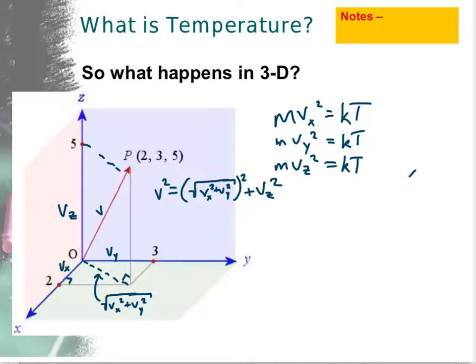Well, let's square the square root, and we end up with this result. v squared equals vx squared plus vy squared plus vz squared. So this actually is the Pythagorean theorem in 3 dimensions.